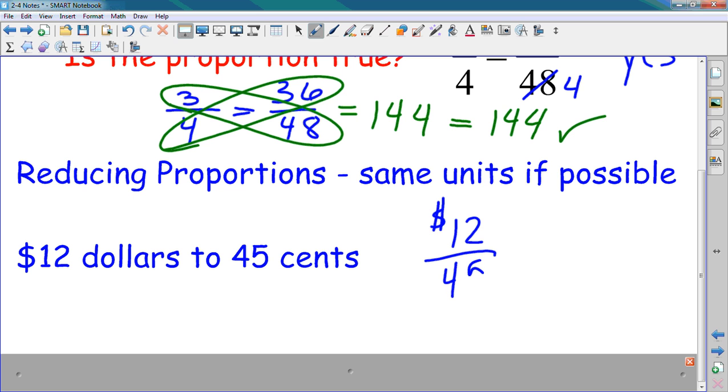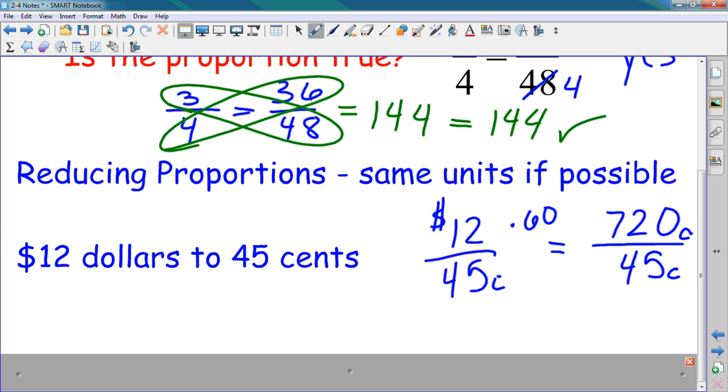Change your $12 to cents, or change your 45 cents to dollars. How would I change my $12 to cents? How many cents are in a dollar? 60. So I would multiply the top by 60. You would get 720 cents to 45 cents.